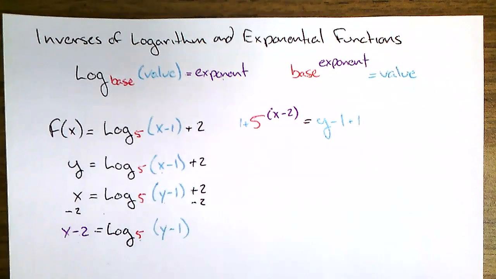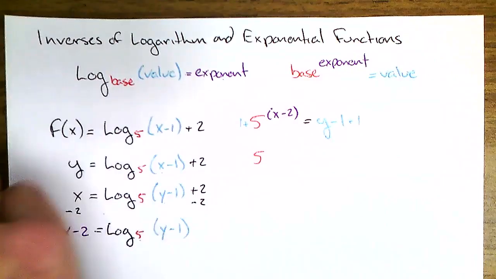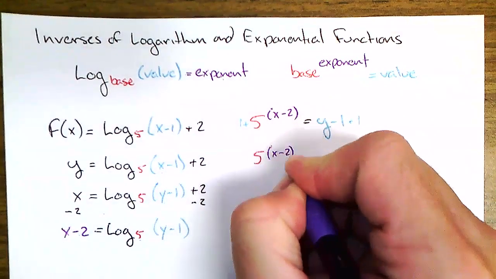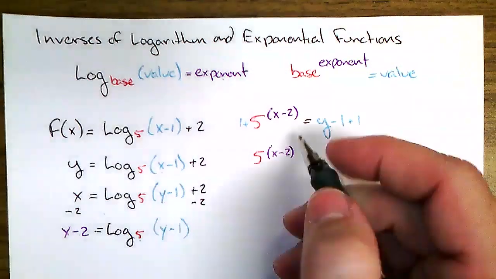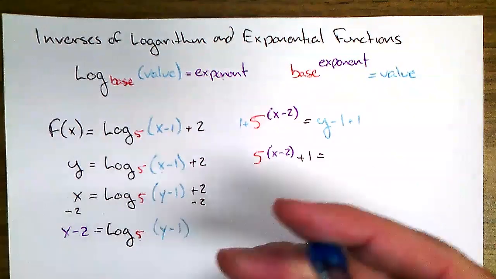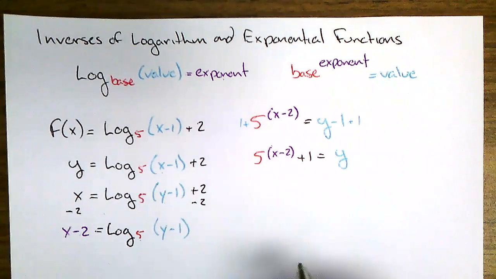So my final solution for my inverse is 5 to the x minus 2, plus 1, equals y. And there we go.